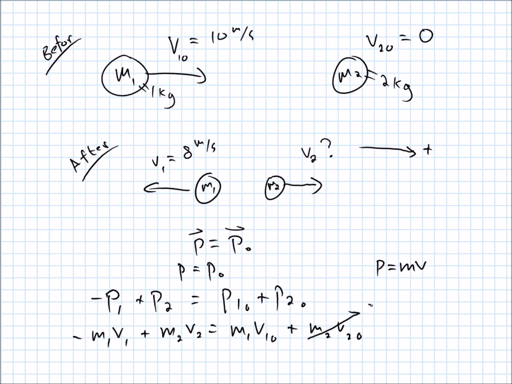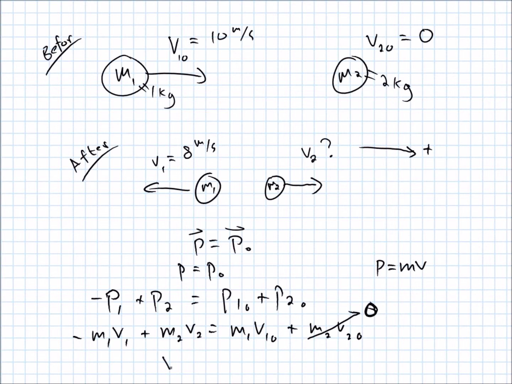Mass 2 had no momentum initially, which we probably could have realized up here in this step, but whatever. Because it has 0 velocity, it has 0 momentum. So what we want to know is the final velocity of mass 2. That's right here, v2. We know m1, we know v1, we know m2, we know v1 initial, so the only unknown in this equation is v2.